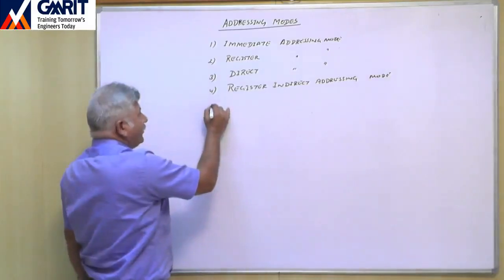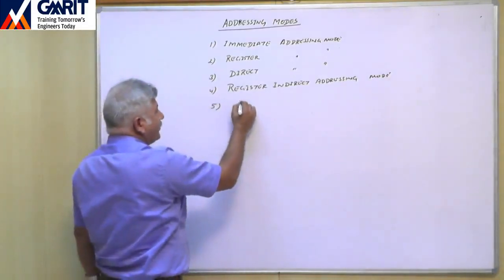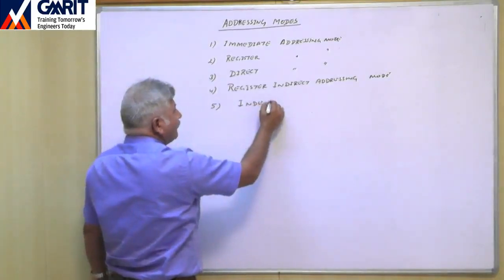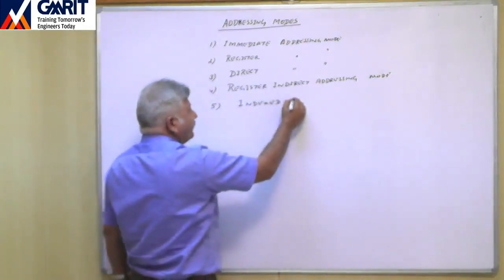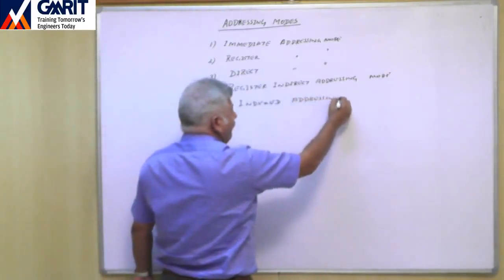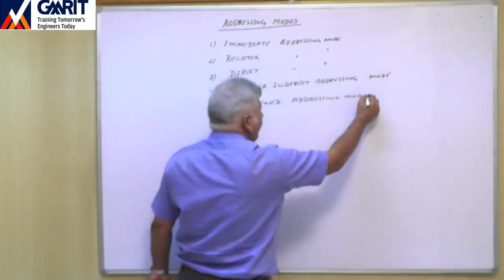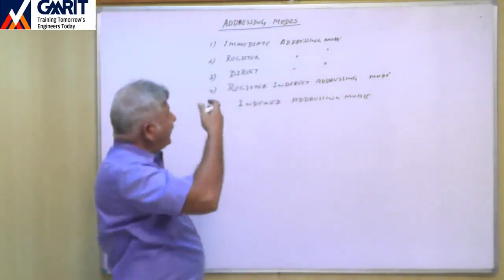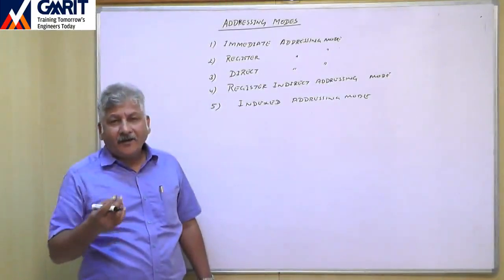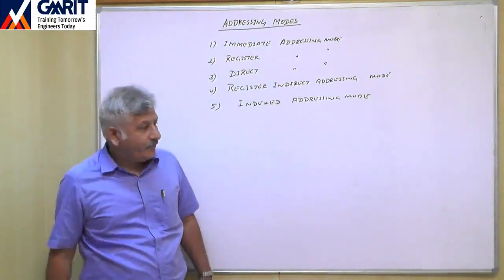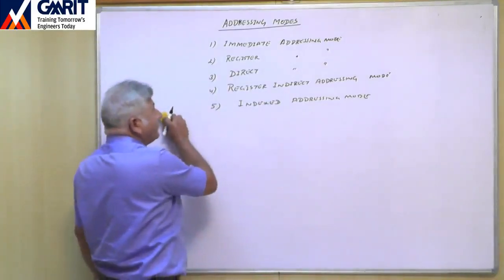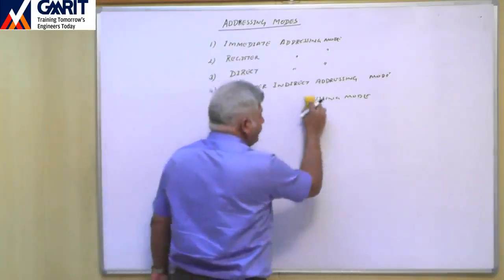And fifth is indexed addressing mode. So these are the various methods how we access the data. We will go one by one. First we will discuss immediate addressing mode.